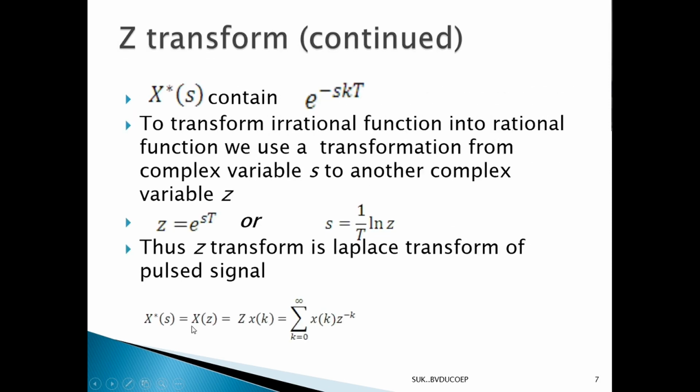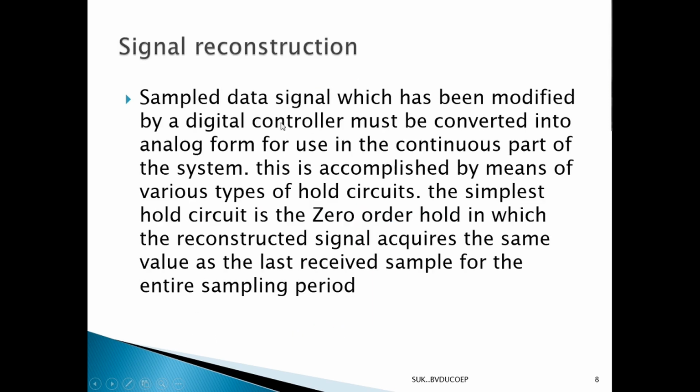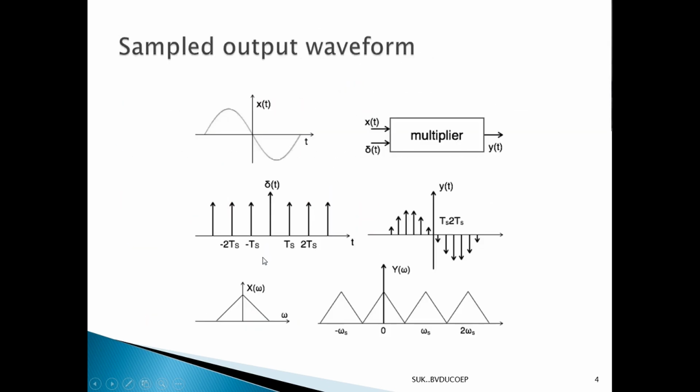Now we have considered the mathematical equation of the pulse signal in the time domain and in the frequency domain, that is x star s. Now this signal again we have to reconstruct into the continuous time domain, because this output is a pulsed output.